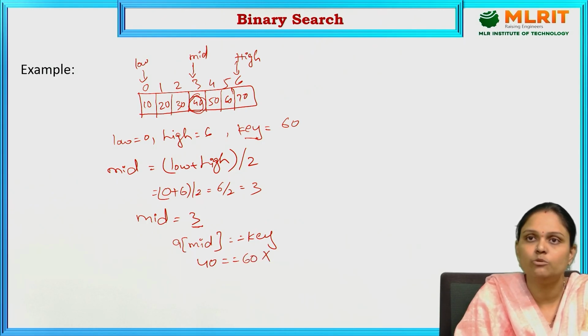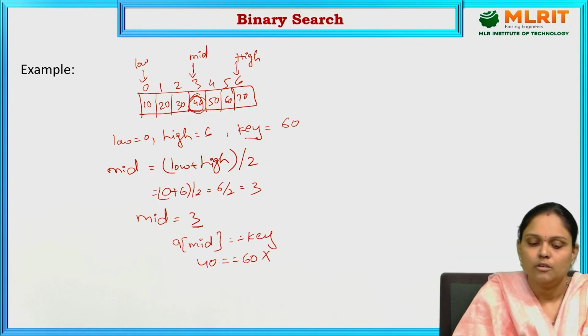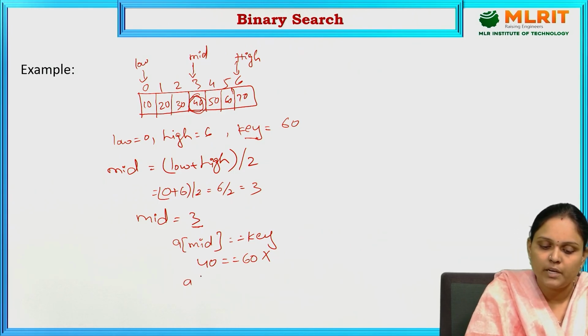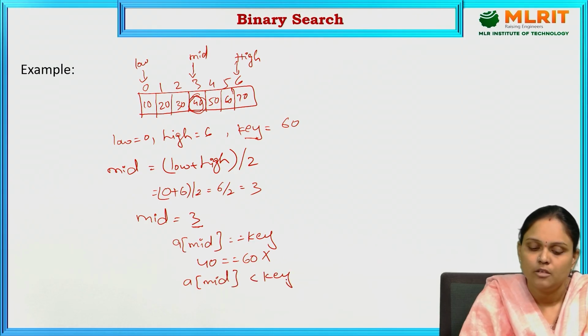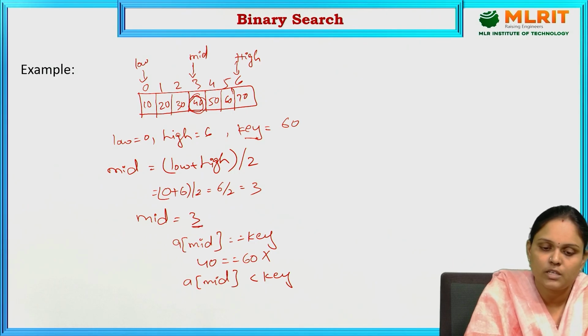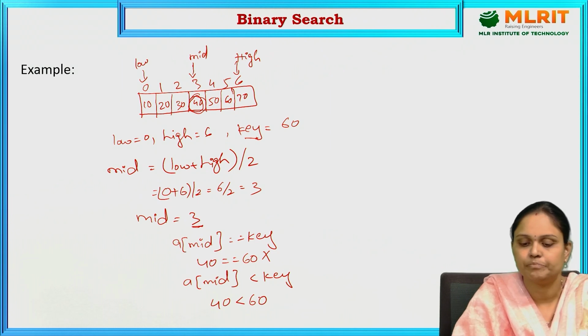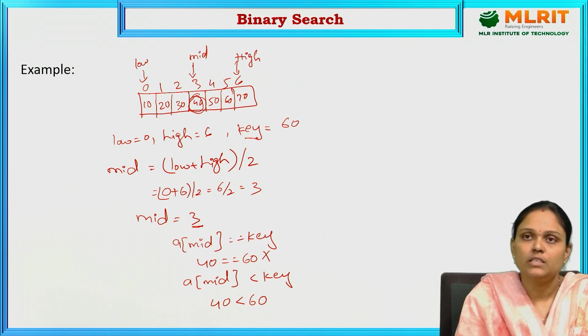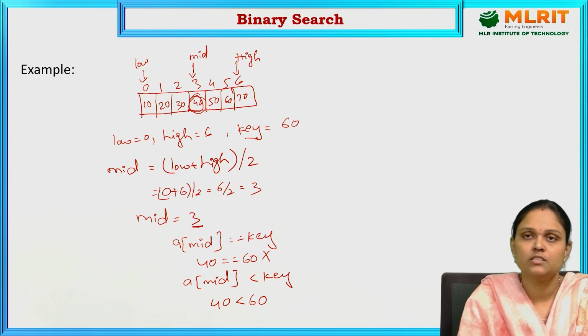Now we need to check whether the middle element is less than key or greater than key. So now if A of mid is less than key, A of mid where mid is 3, A of 3 is 40. 40 is less than 60. So if 40 is less than 60, then what do we need to do?